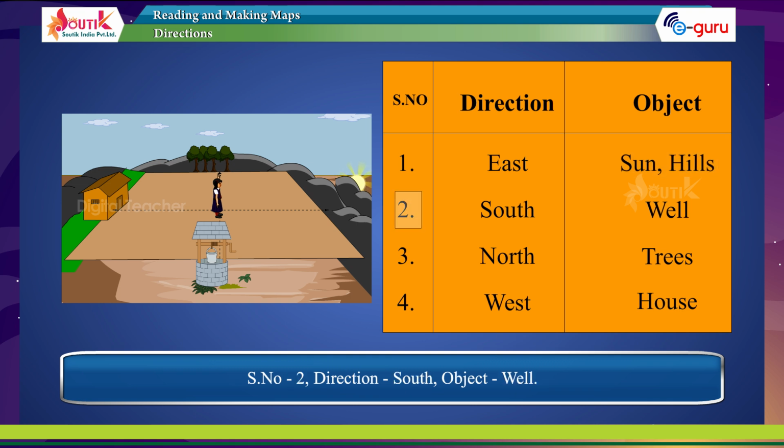Serial number 2, direction south, object well. Serial number 3, direction north, object trees. Serial number 4, direction west, object house.